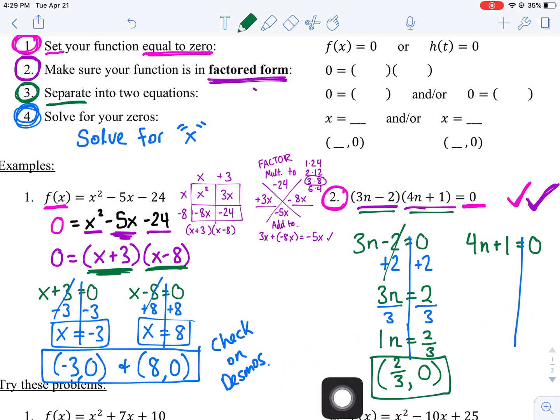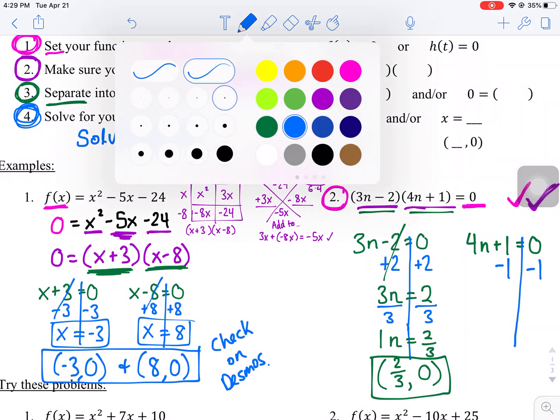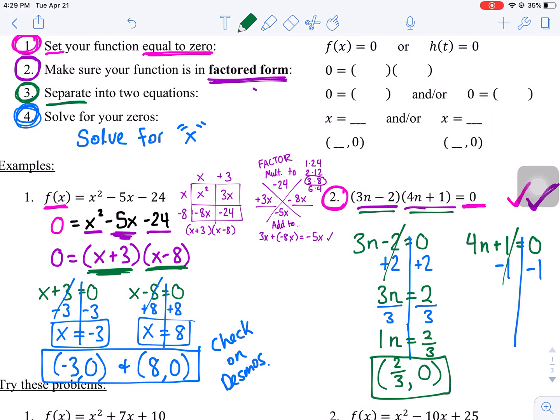For the other one, again, the first thing we need to get rid of is the plus 1. So I'm going to subtract 1 from both sides. Positive 1 minus 1 cancels, and we're left with 4n equals 0 minus 1, which is negative 1.